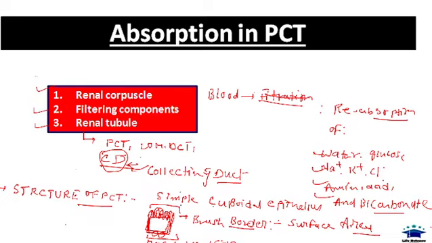In the PCT, this process occurs by bulk transport. Remember, there are solutes and solvent. The solutes and water move from the PCT to the interstitium, and then into the peritubular capillaries.